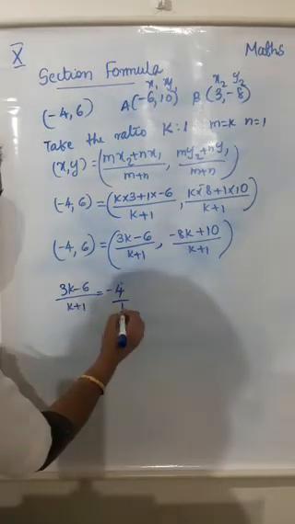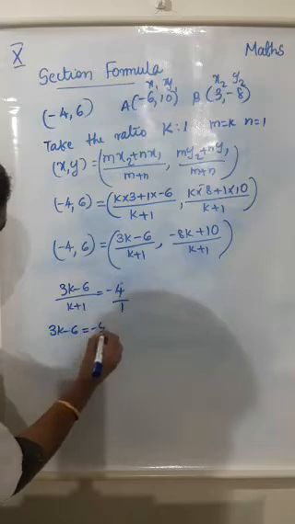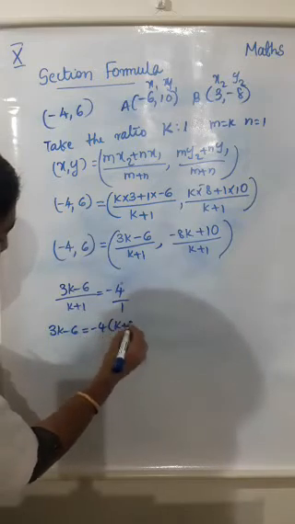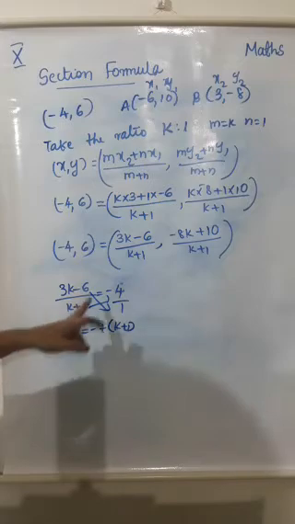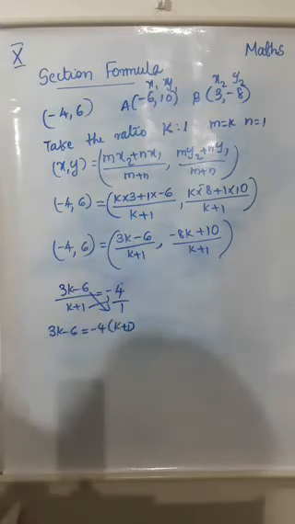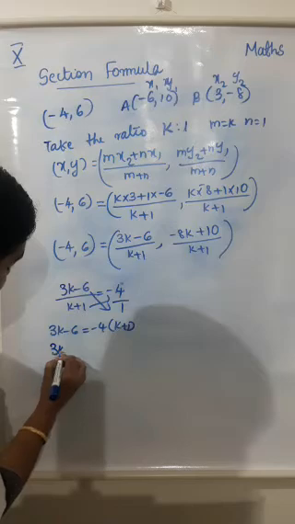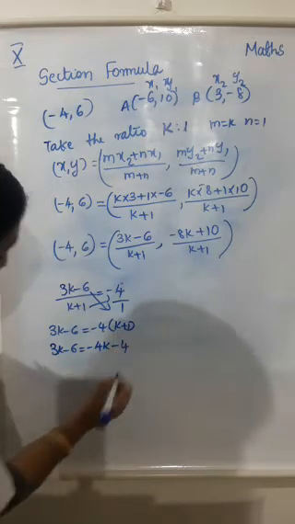Cross multiplying, 3k minus 6 is equal to negative 4 into k plus 1. So 3k minus 6 is equal to negative 4k minus 4.